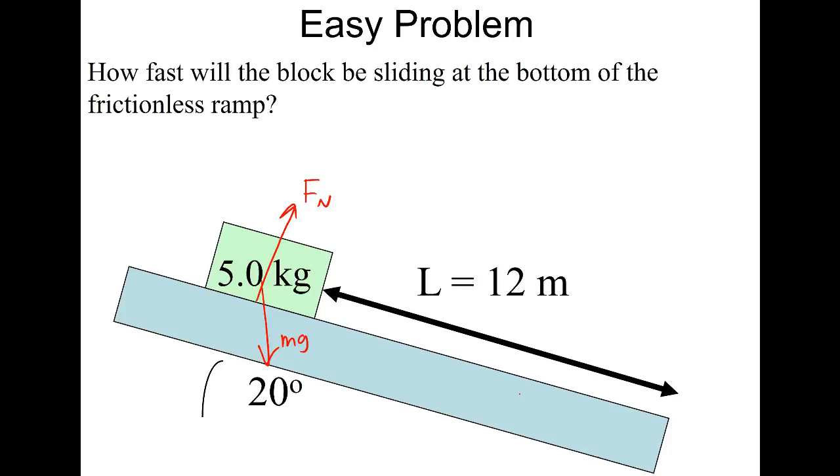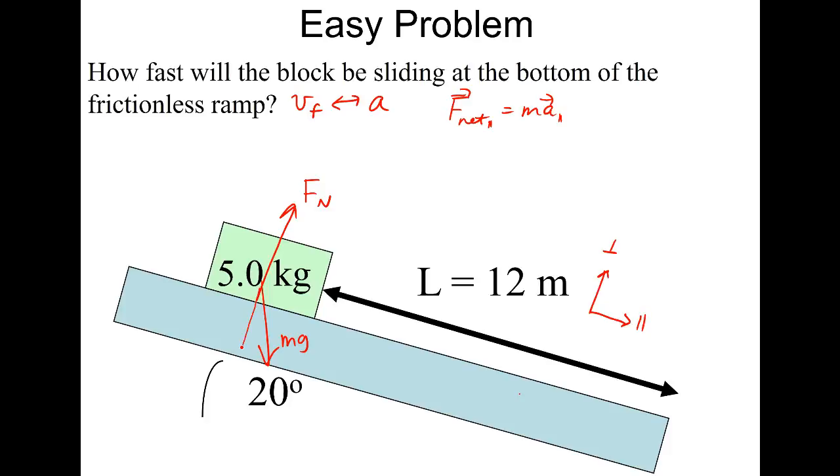We want to know how fast it'll be sliding, so eventually we're going for V final, which is going to be accomplished by getting acceleration. Okay, so we're going to get acceleration by solving F net equals ma, and we're going to do this in the parallel direction. So perpendicular and parallel.